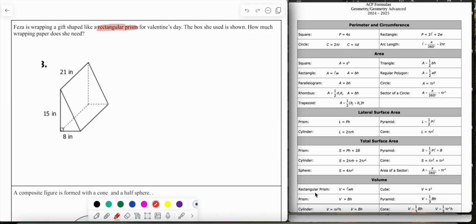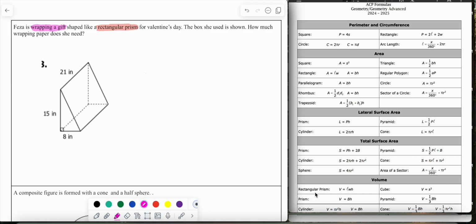When you're wrapping a gift, what you're basically doing is covering the entire surface of the gift, right? So wrapping a gift is equivalent to total surface area. The question is asking you to find the total surface area of the rectangular prism.